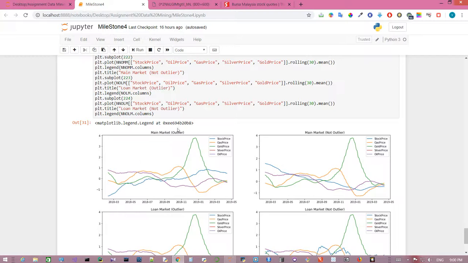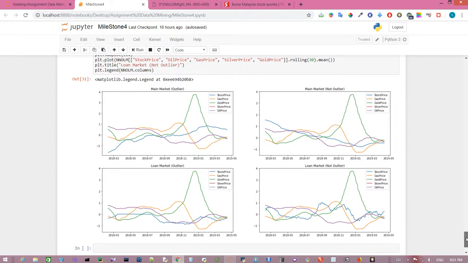But here for outliers, main market, the stock price is increasing gradually, and the others, for example gas price and gold price, are the same in our picture, which makes sense actually.